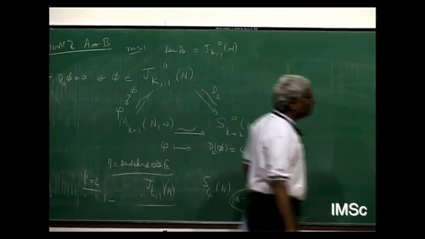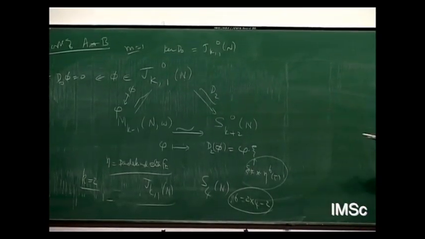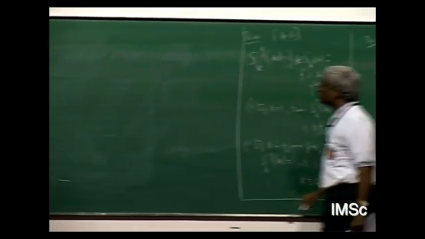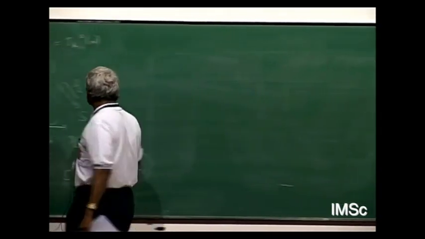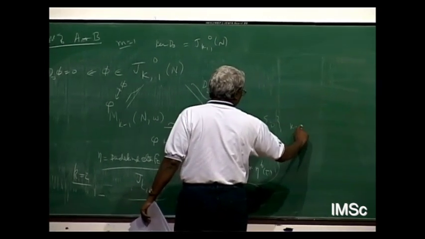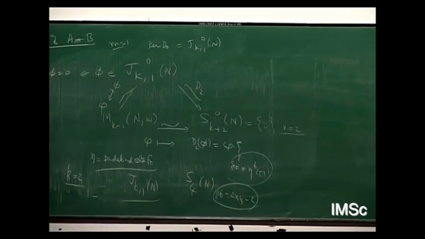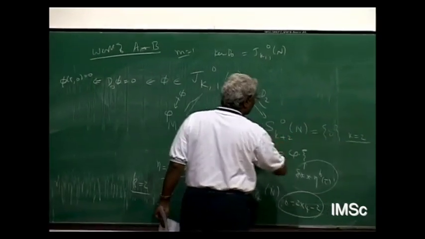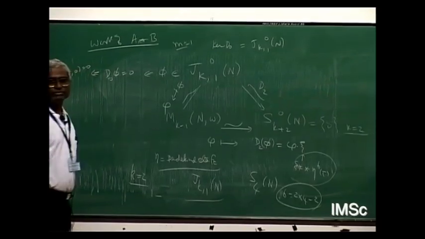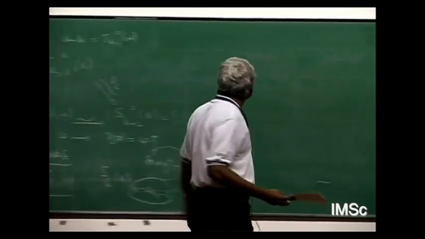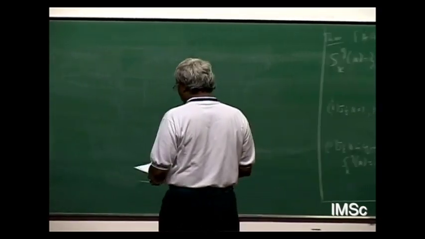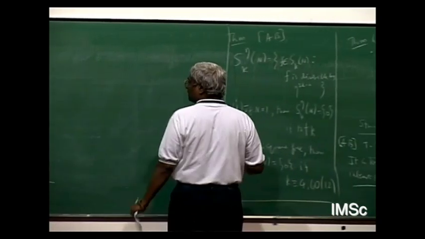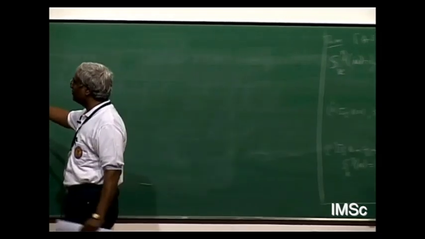Therefore the property here is satisfied, and your weight is 4 modulo 12, and it is divisible by 2k minus 2. Therefore this particular space becomes 0 when k equal to 2. So this is what the application of this theorem gives you in this situation: the injectivity of D naught. So this was the work of Arakawa and Booker, and then he also observed that a similar thing should happen in higher index.